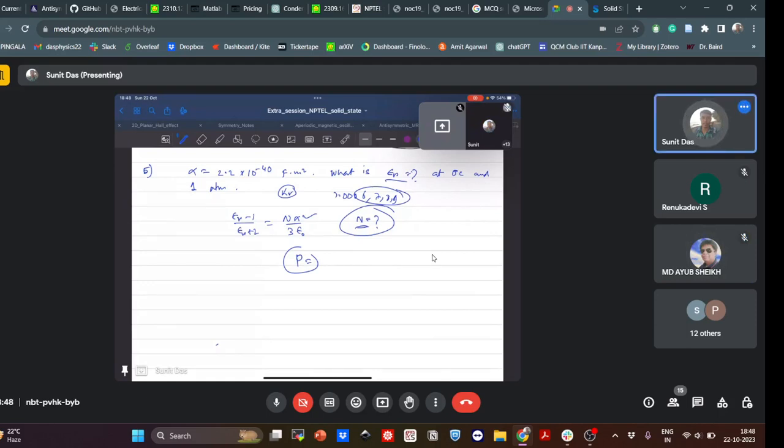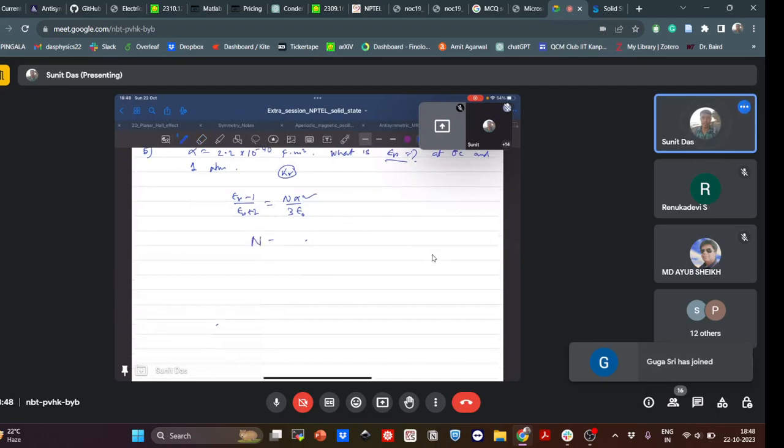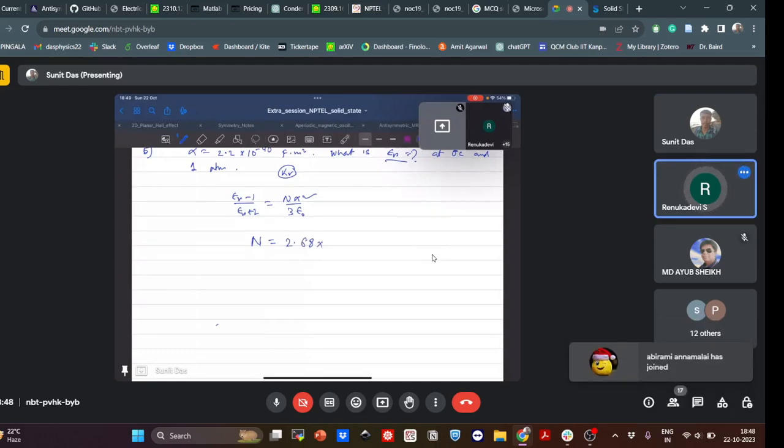So for that, I need to know n. Can anyone tell me what n the answer sheet uses? 2.68 into 10 to the power of 25 per meter cube. Okay, so I am assuming it is correct.